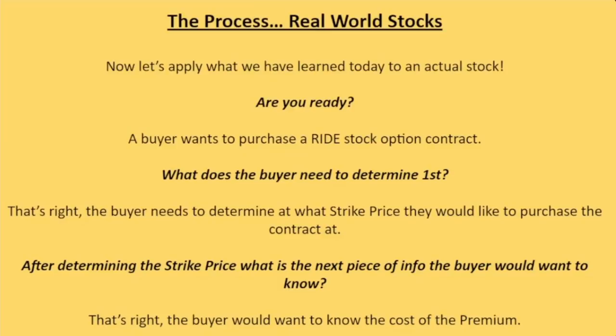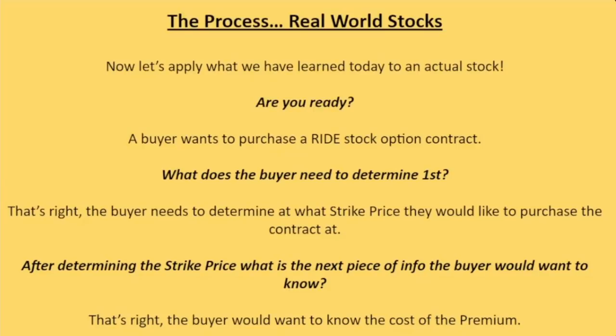Then, after determining the strike price, the buyer is going to want to know the next piece of info, and that next piece of info is the premium. Because, again, that's how we're going to figure out the final price or the break-even price. In both scenarios, we're going to take strike price and premium to get the break-even price, and we're going to take strike price times 100 shares, premium times 100 shares to get the final price of a contract.